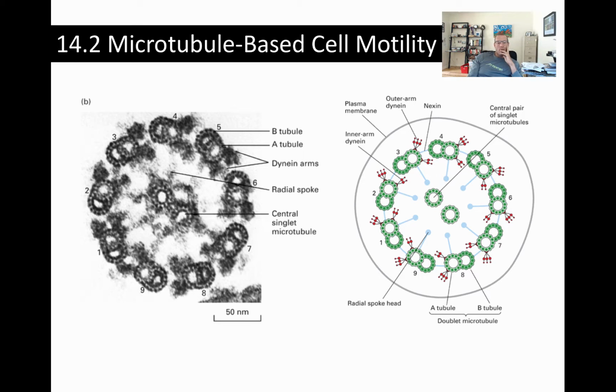So the dynein motor protein is going to be responsible for the flexion that we see. The dynein arms occur in pairs: there's an outer arm and an inner arm.